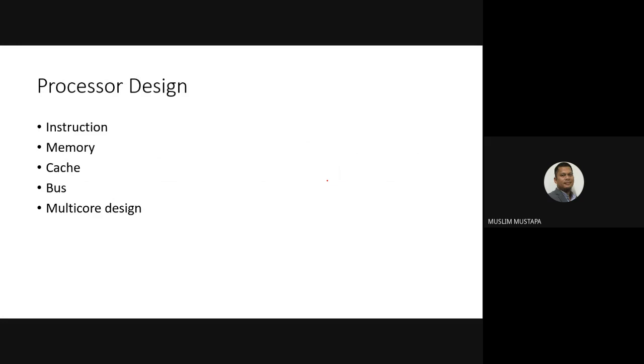So when you're asked for a processor design, there are five important things to look into, which are covered in most of the chapters that you have already gone through, right?